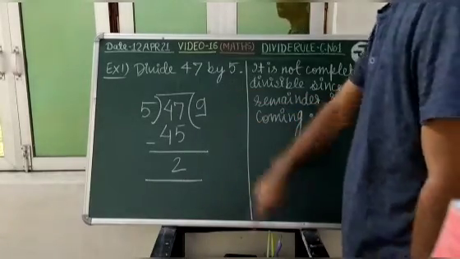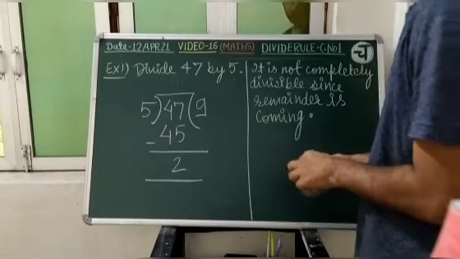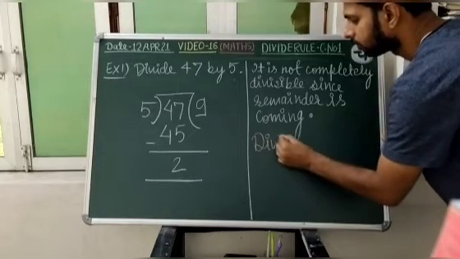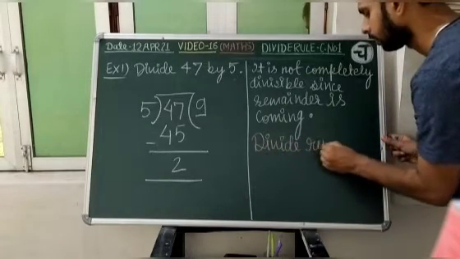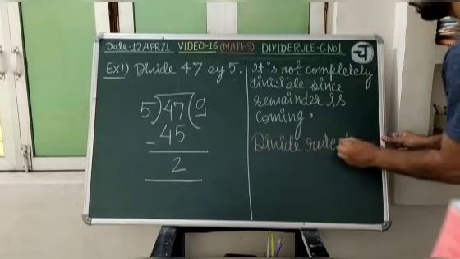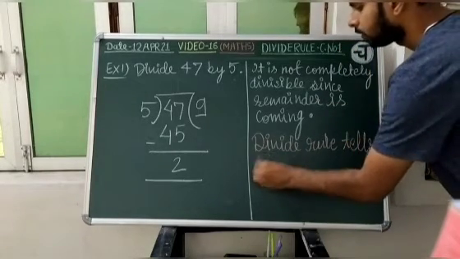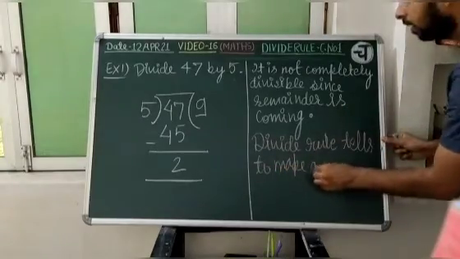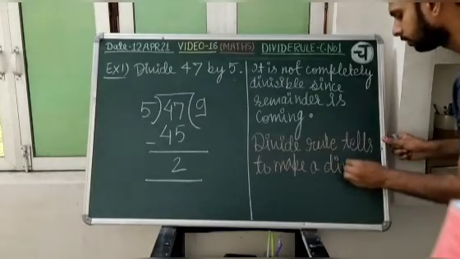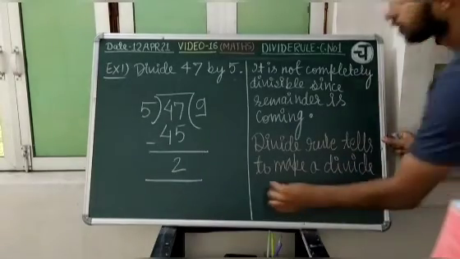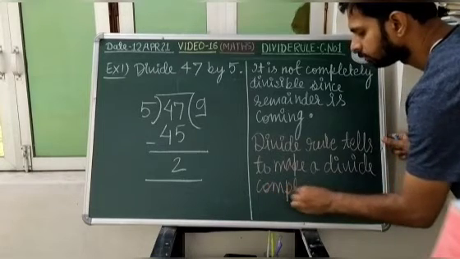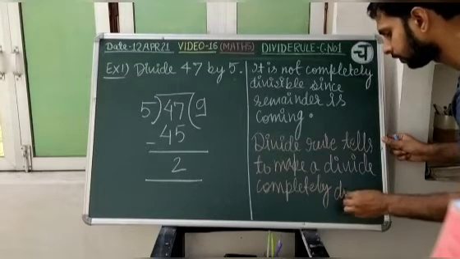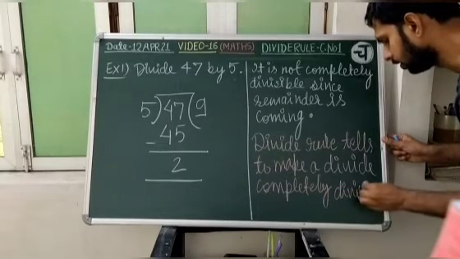You are looking that it is not going completely. So the divide rule tells us how to make a divide completely divisible.